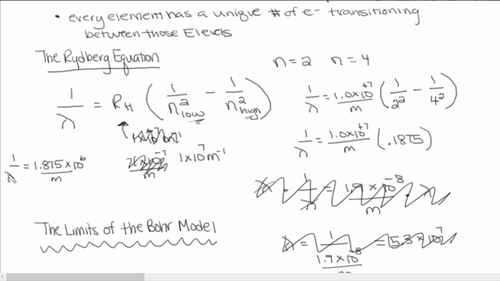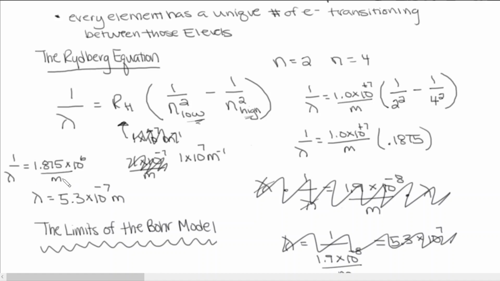So to solve for lambda, multiply by lambda on both sides. So essentially to solve for this, it's going to be 1 divided by that number, or the inverse. And I get the number I was looking for. 5.3 times 10 to the negative 7th meters, right?